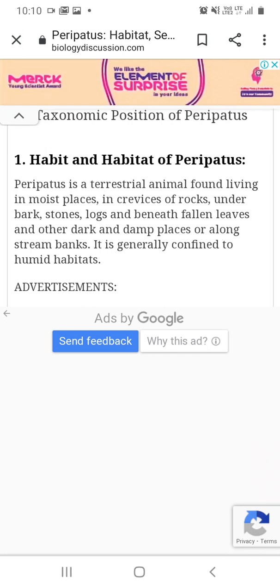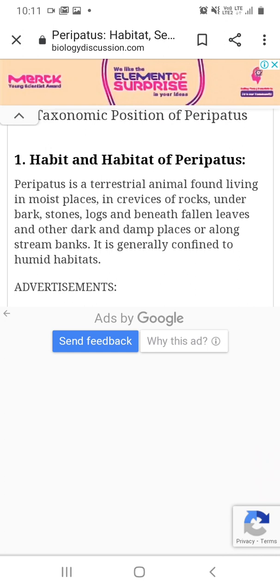It has characteristics of Annelida, of Arthropoda, and of Mollusca also. Along with having similarities with all these phyla, it has its unique characters also. This I have discussed in my last class.